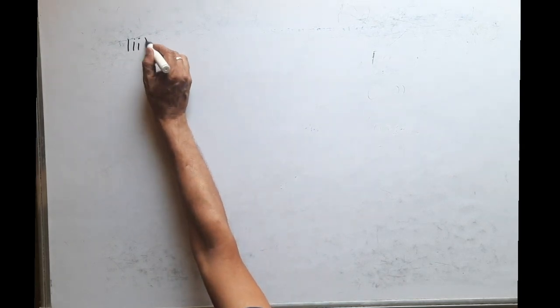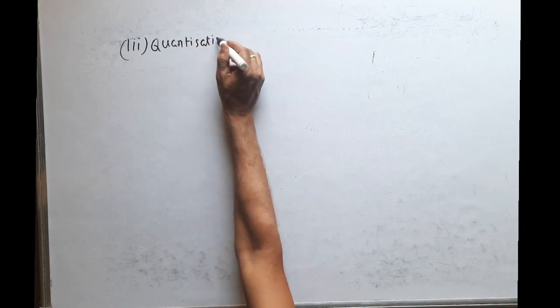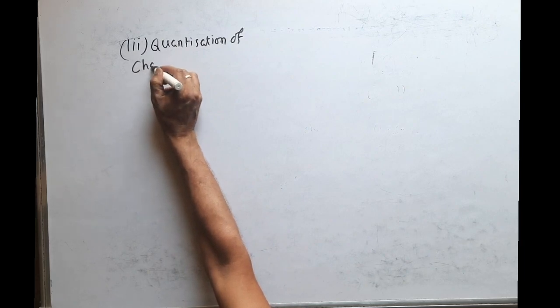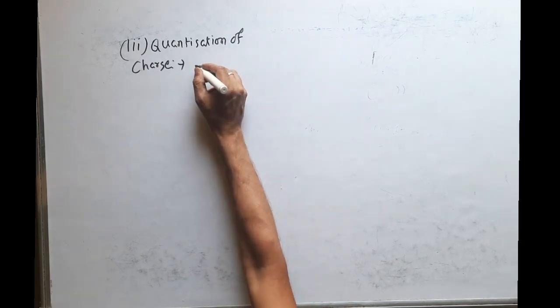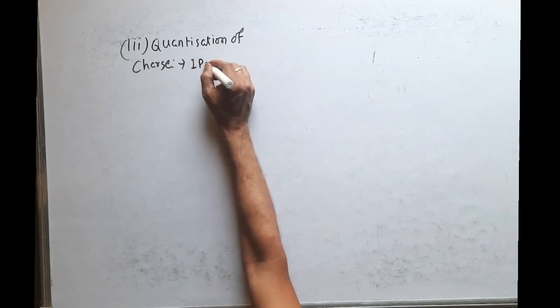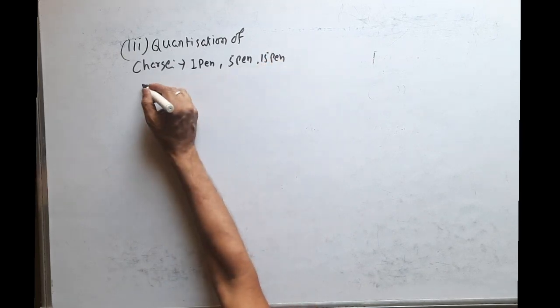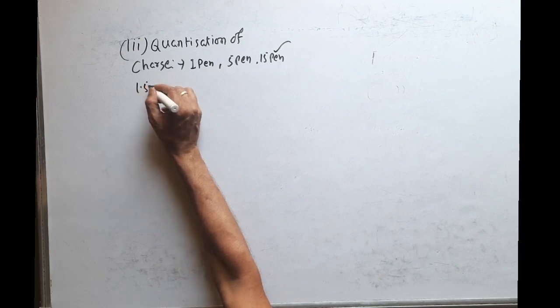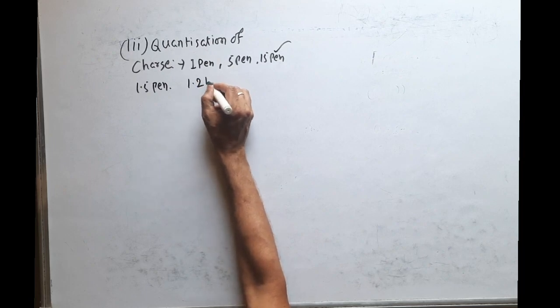Third property is quantization of charge. So what is this property? Suppose I tell you, give me 1 pen or 2 pen or 10 pen, but you cannot ask give me 1.5 pen. So you can ask 1 pen or 5 pen or 15 pen like this, but you can't say give me 1.5 pen, or give me 1.2 book.